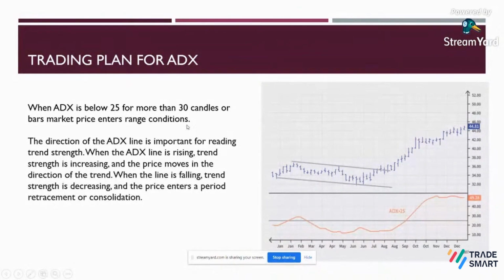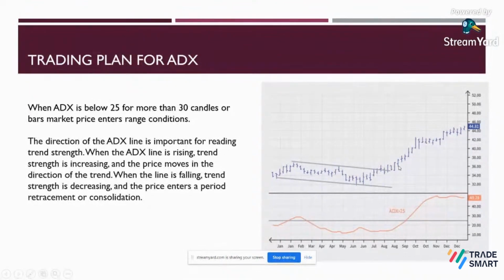As you can see from here, this is a range condition. If you compare with the ADX line here, it is between 0 to 20. It is moving between 0 to 20. So it is preparing itself to make a breakout.